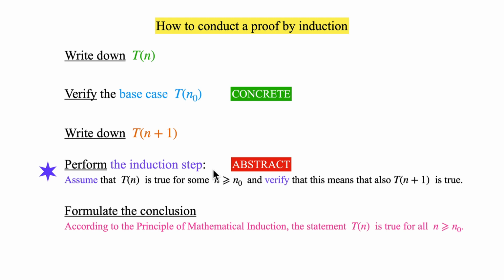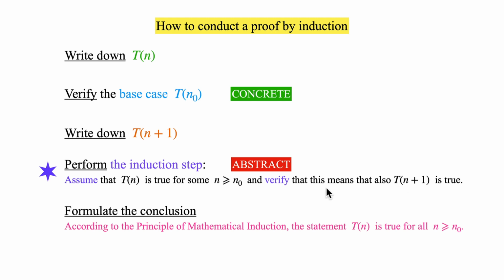But the induction step is both abstract and more demanding, because here you have to take some n. So it will be kind of abstract. You will not get a numerical value. You will just get some expression, probably.